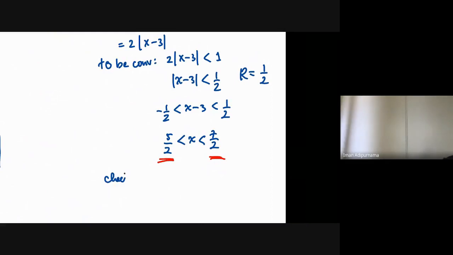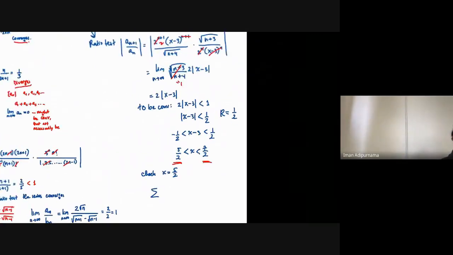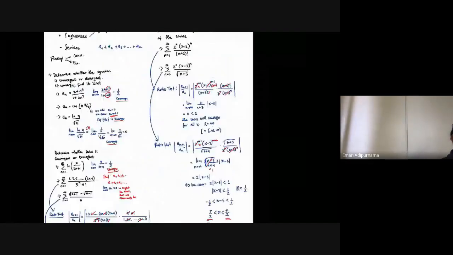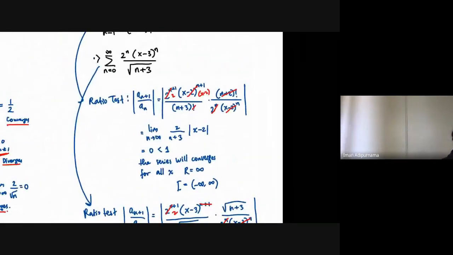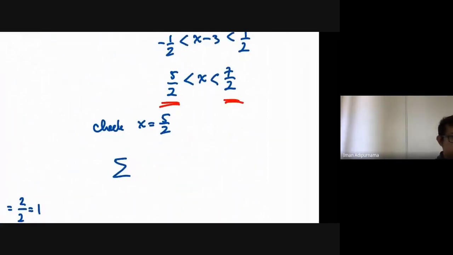So check when x is 5/2. This will be the result.